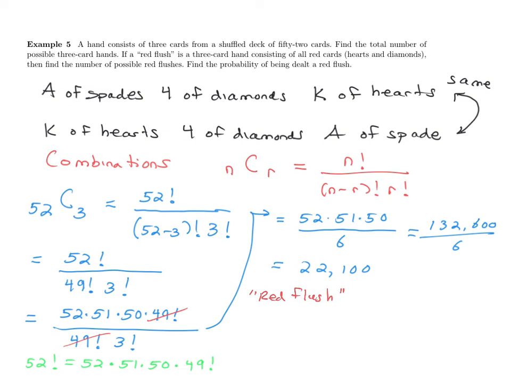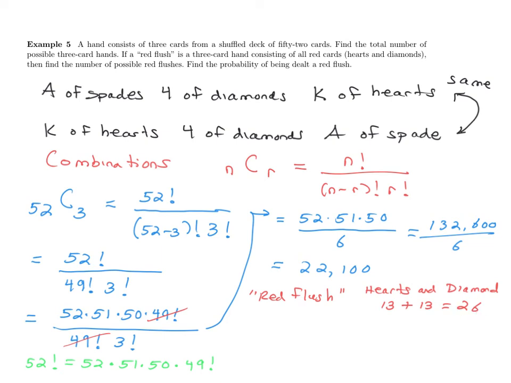Well, the red cards are the hearts and the diamonds, and you only want to choose from those suits. There are 13 hearts and 13 diamonds, and if you add those together, you get 26. So in trying to count the number of red flushes, you're not choosing from 52 cards because that includes the spades and the clubs.